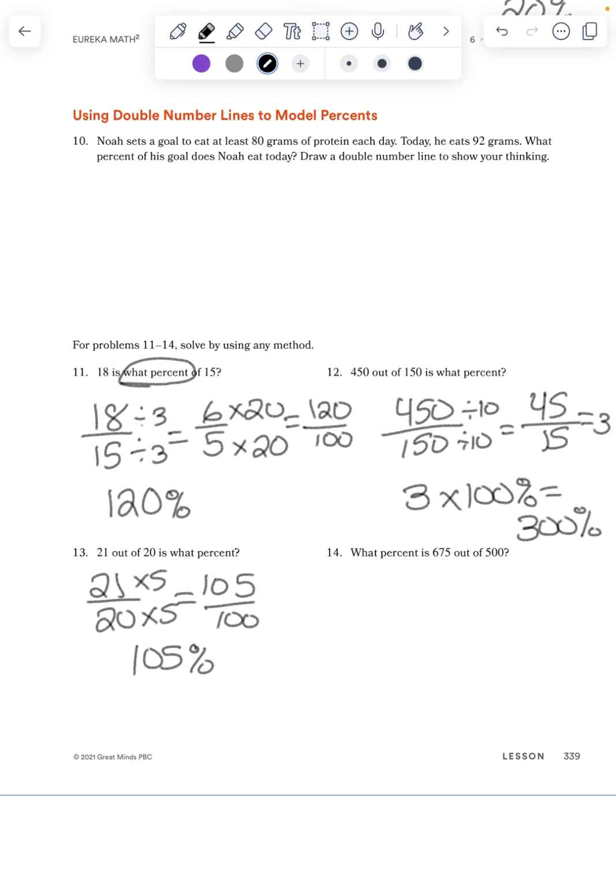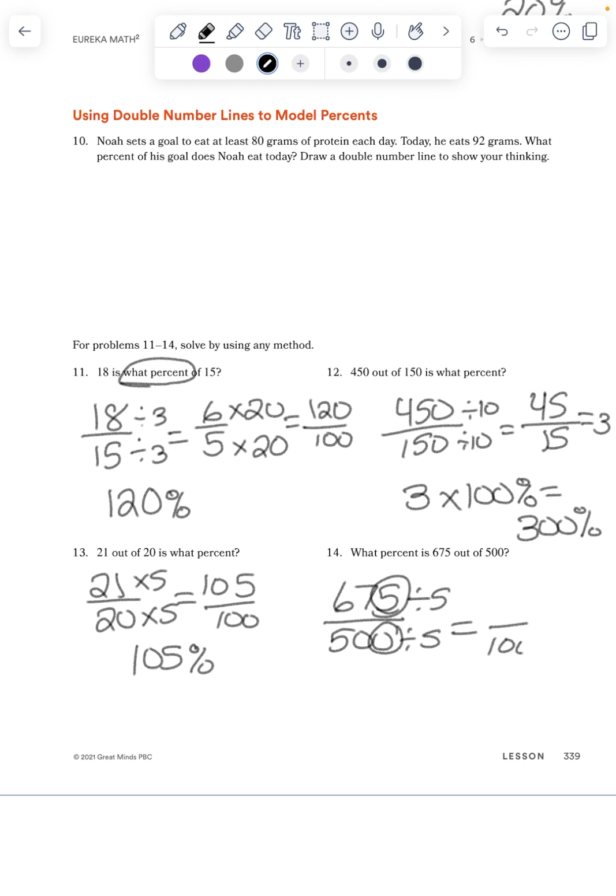All right, and then the last one, 675 out of 500. Honestly, on this one, I would divide them both by 5 because this ends in 5 and this ends in 0. They're both multiples of 5, so I can divide them both by 5.